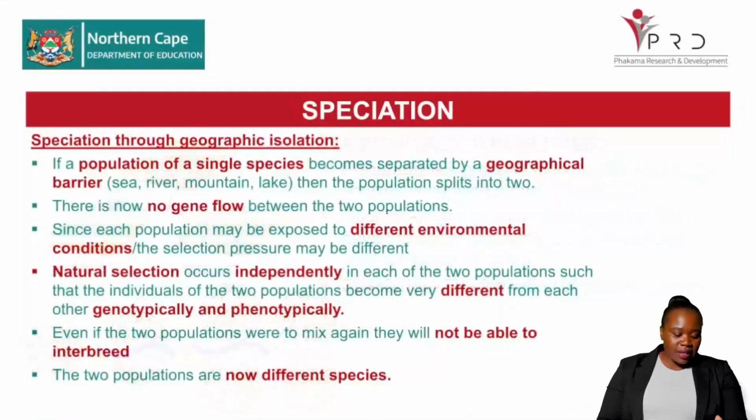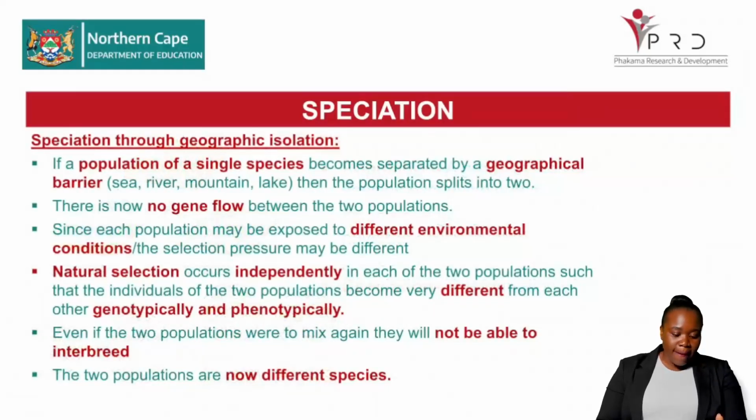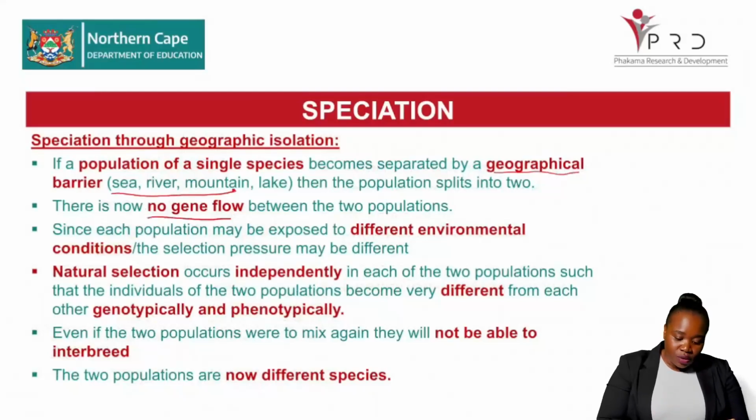So if it is allopatric, you should know the type of geographical barrier, which is what we are looking at here. Right. Here you should be able to describe speciation as it is here. You should know that the geographical barrier, you're going to name it. And then from there, you should mention that there is no gene flow between the two populations that have been separated by this barrier, right?